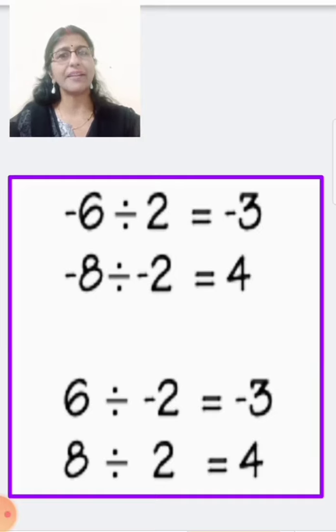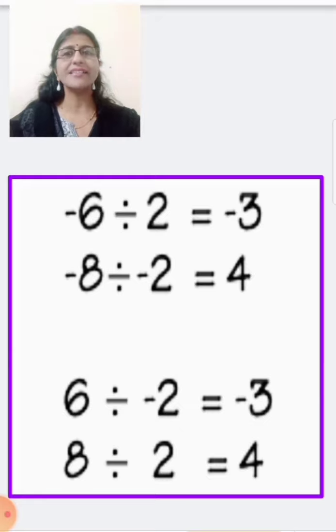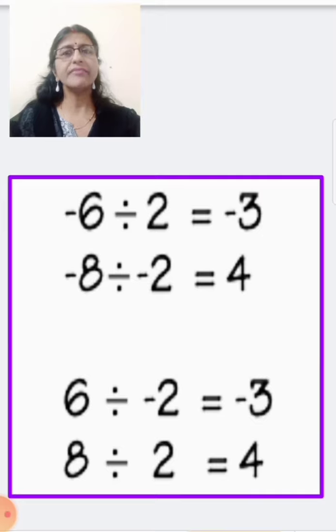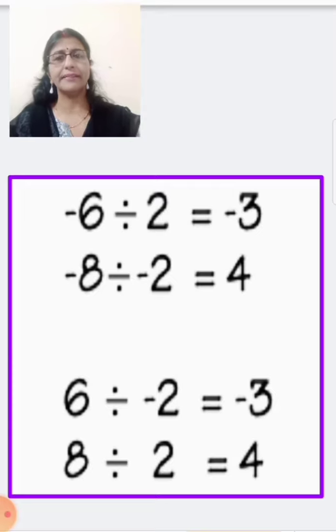In the same way, when we subtract two integers, the difference is also an integer. Last time we learned that when we multiply two integers, the product is also an integer. Now we will see, in the case of division, when we divide two integers, do we get an integer or not? There are some examples. Let us see one by one.